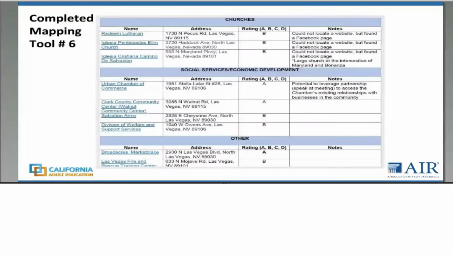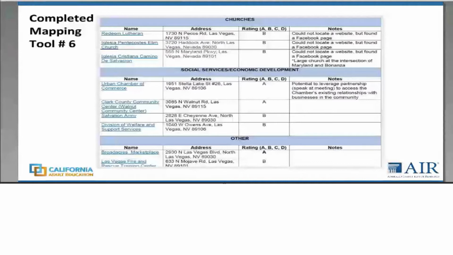So here's an example, and again, that tool is number 2, the mapping tool, a fillable, downloadable document. Here's an actual example of some work that happened in another organization where they wanted to identify their categories: churches, social services, economic development, and others. They had several sheets of these inventory worksheets.